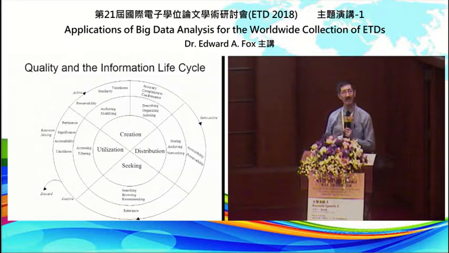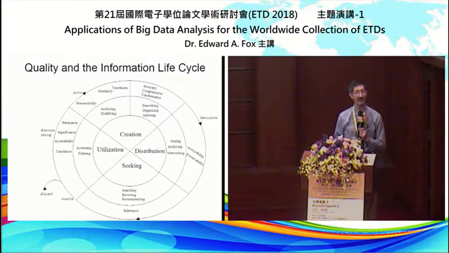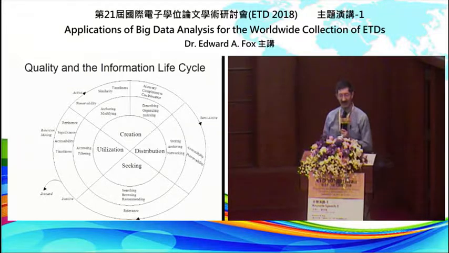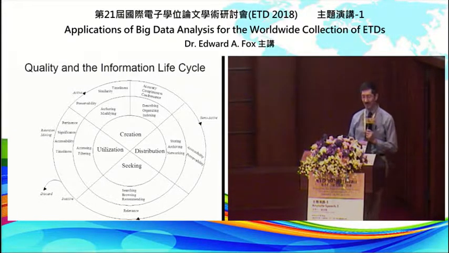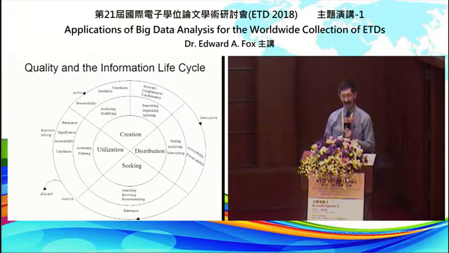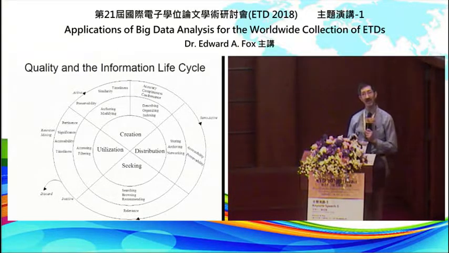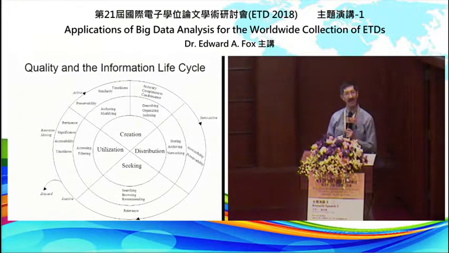And we have to make sure as we work with ETD programs that we don't just collect PDF files, we help people communicate, and we make sure we have the right metadata, we have the things being searchable, we have everything being accurate and complete, and it's timely, and people know it's pertinent to their interests, and that we have it searchable in a way that it's relevant to people's questions. So these are kind of attributes that libraries should enforce in these systems, and we should make sure throughout the life cycle that we support these so that we get the best possible results, the best practices.